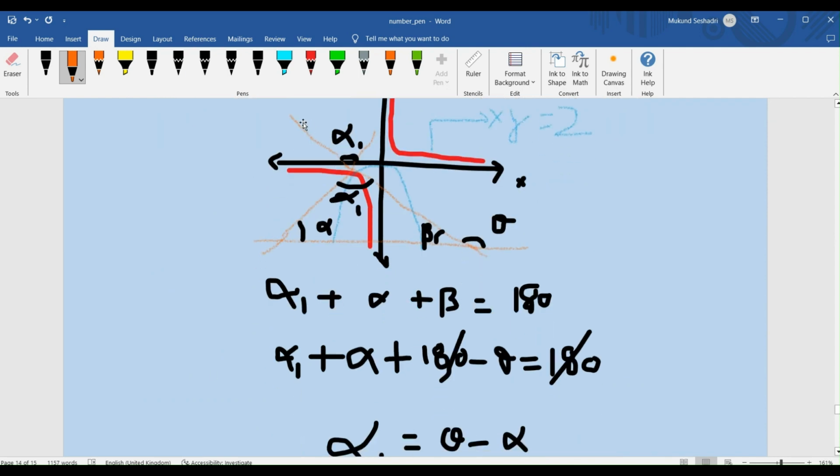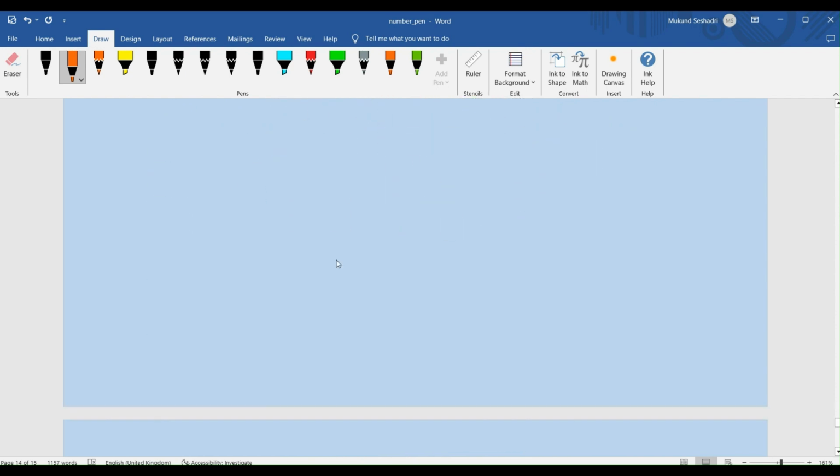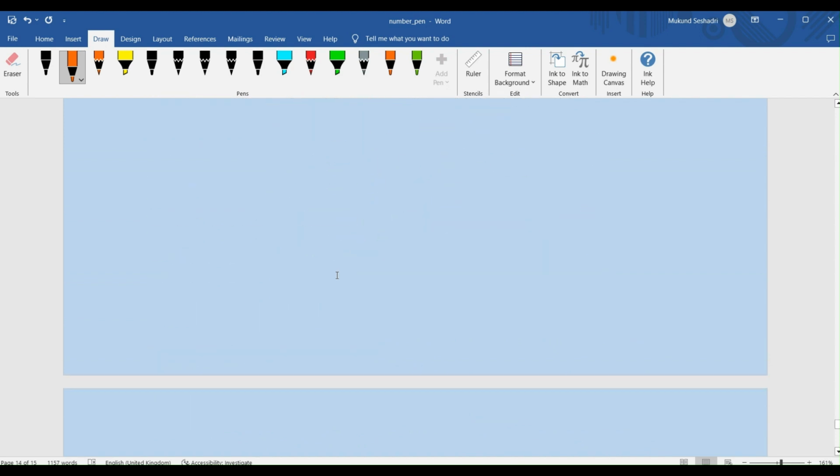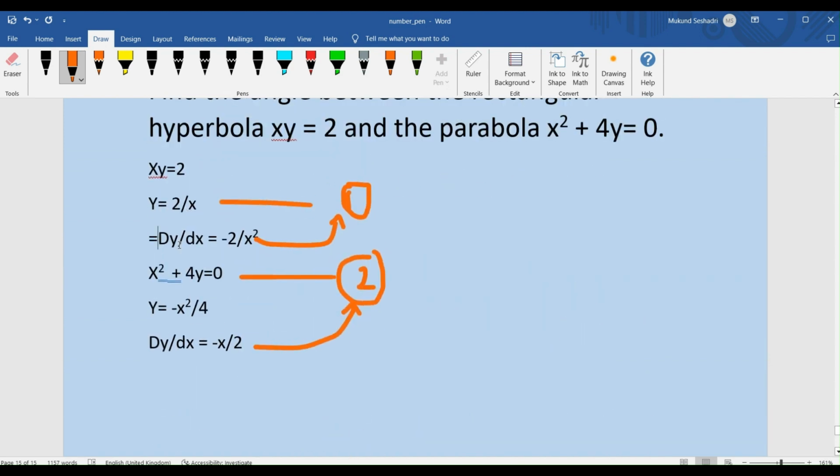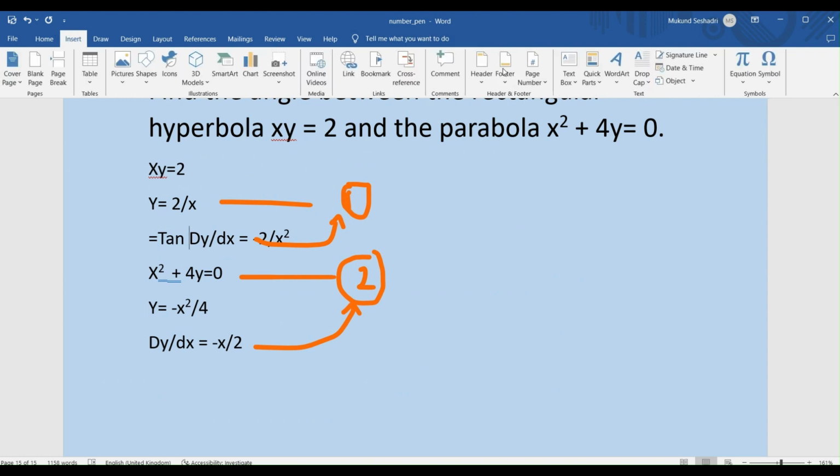So what is your tan theta? It is the slope of the rectangular hyperbola curve, right? So this is my tan of theta, and this is my tan of alpha, right?